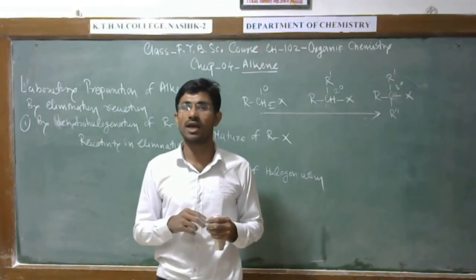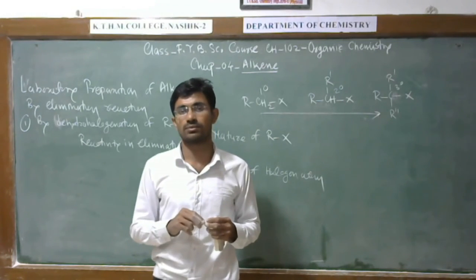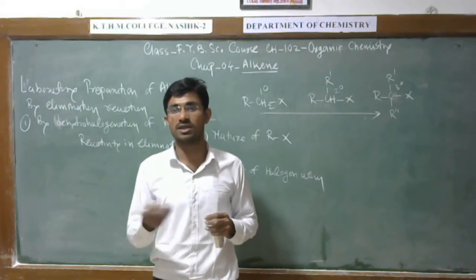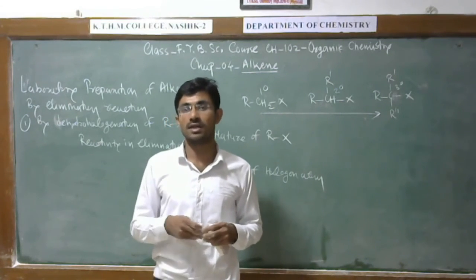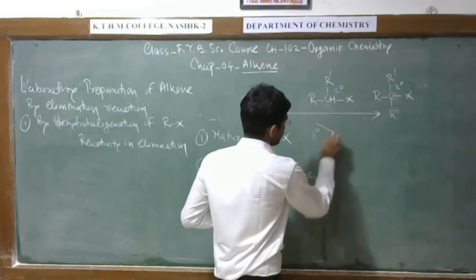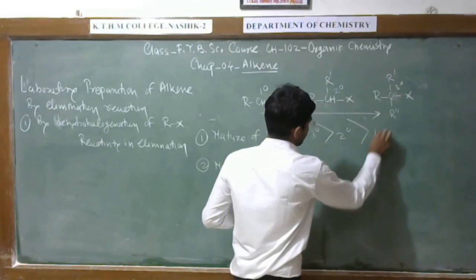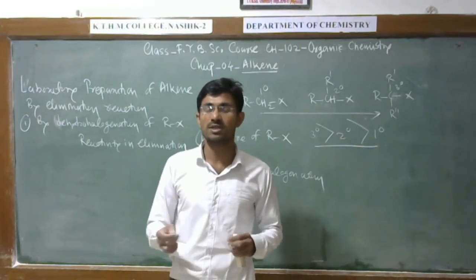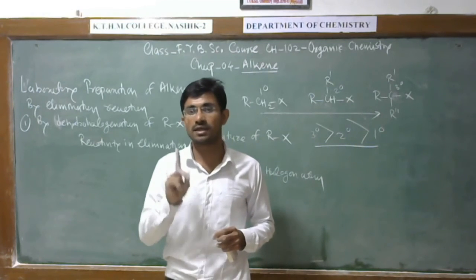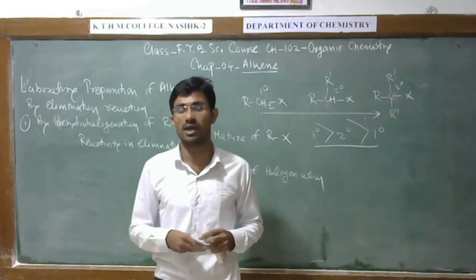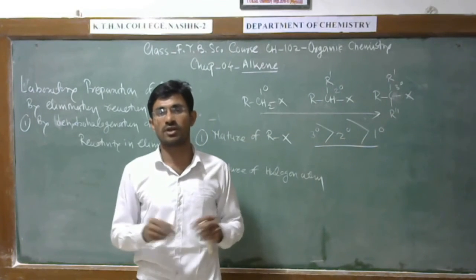So the reactivity order in elimination reaction is that tertiary alkyl halide is more reactive than secondary, and secondary is more reactive than primary alkyl halides. So this is the first factor.